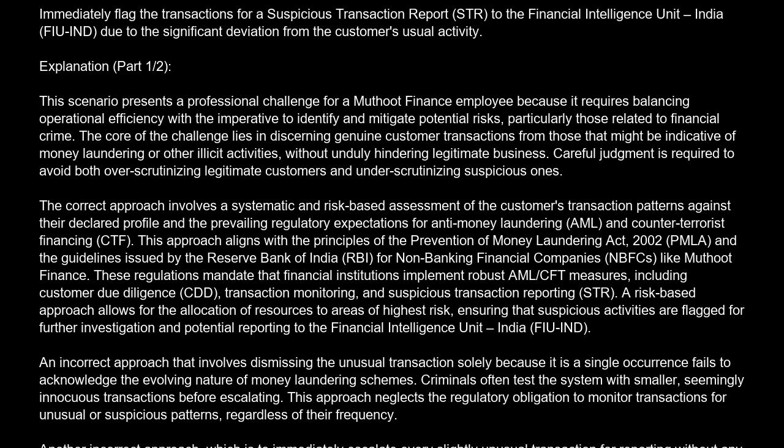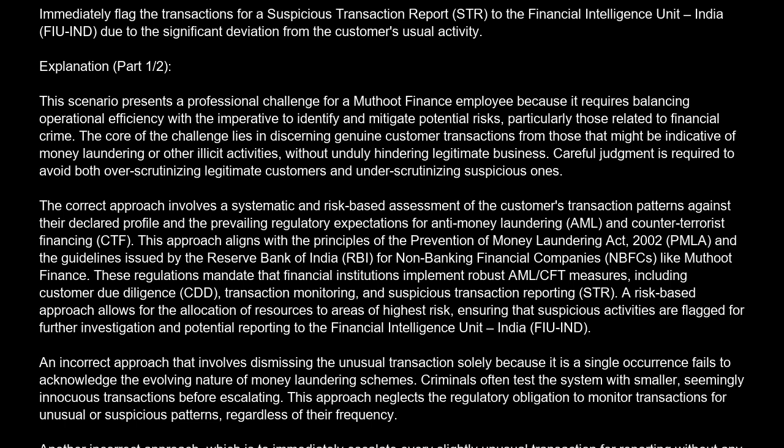The core of the challenge lies in discerning genuine customer transactions from those that might be indicative of money laundering or other illicit activities, without unduly hindering legitimate business. Careful judgment is required to avoid both over-scrutinizing legitimate customers and under-scrutinizing suspicious ones.